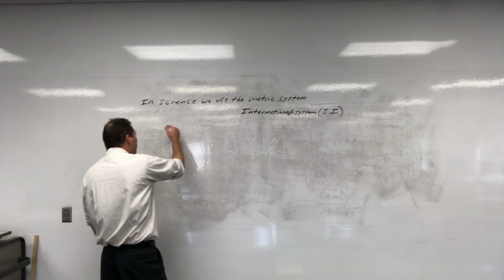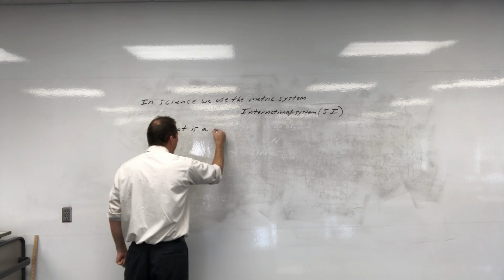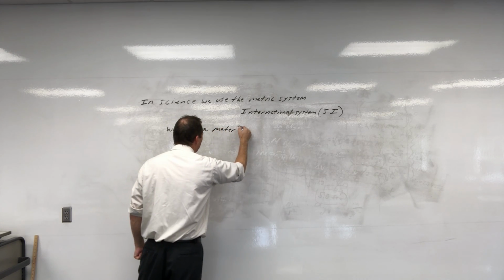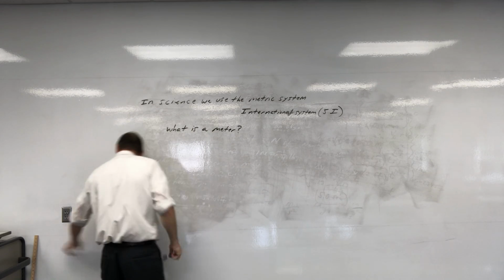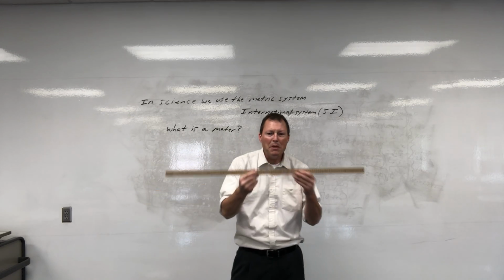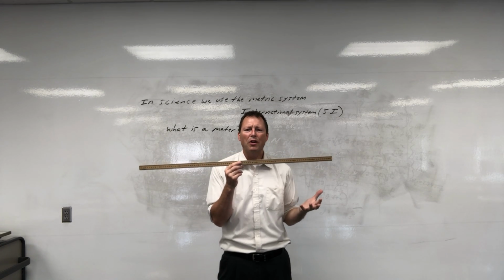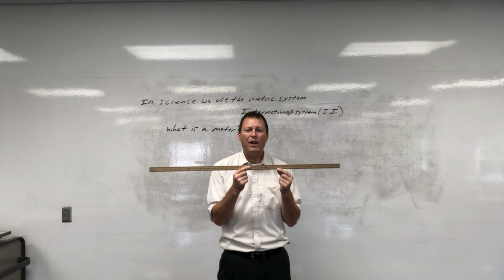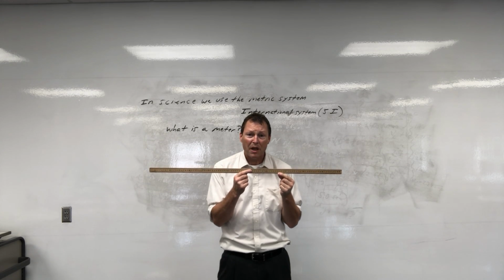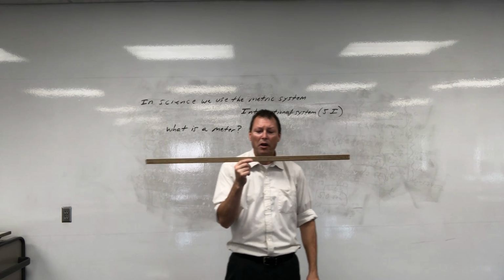All right, so from here, what is a meter? Let's talk about what a meter actually is. Now I have a meter stick right here. And the question is, what's actually longer, a meter stick or a yardstick? It turns out a meter stick is actually a little bit longer.